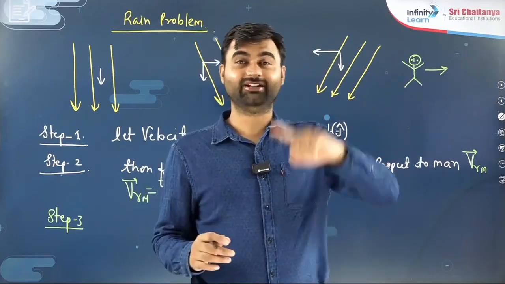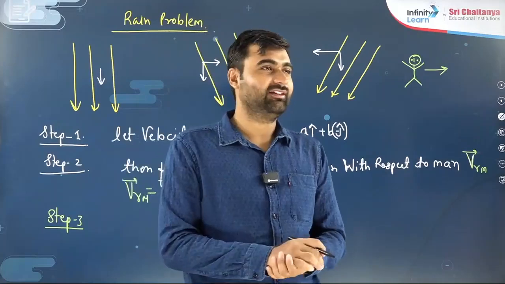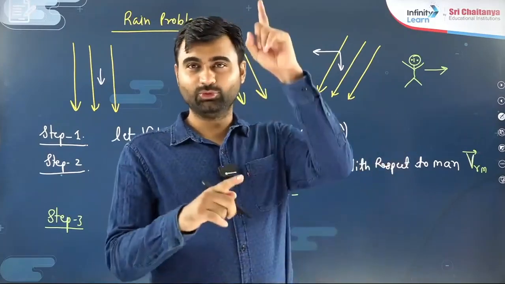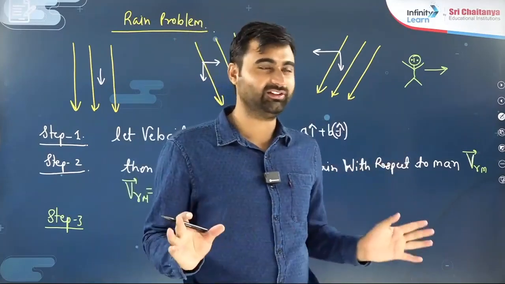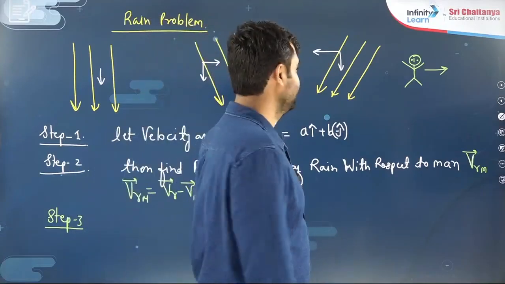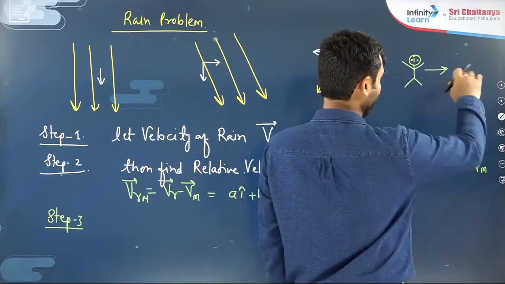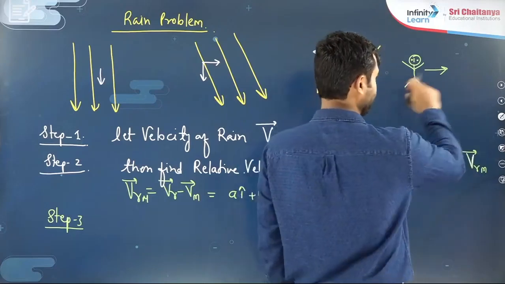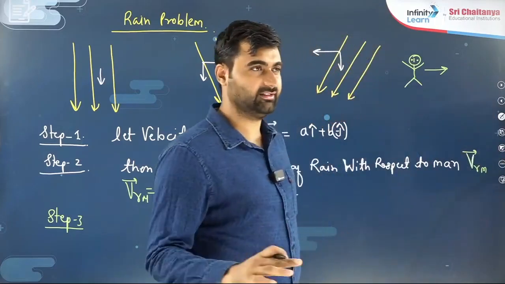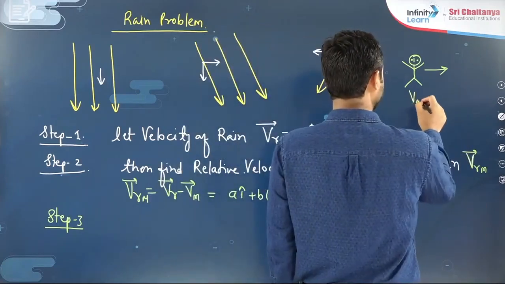No one can fly up, right? Do you all agree? Can anyone move up? No one can move up, those who are human. So this man is moving in the horizontal direction, maybe in plus i cap or maybe in minus i cap. So this is VM.